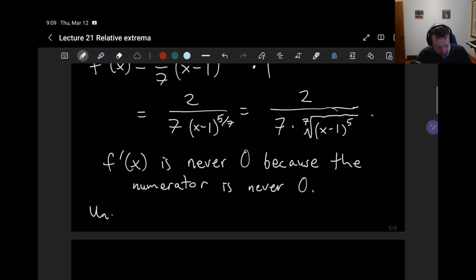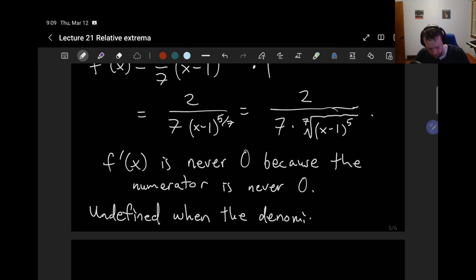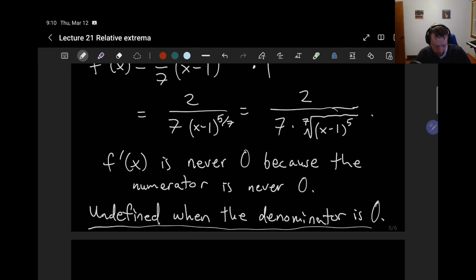This derivative is undefined when the denominator is 0. And because the seventh root itself is pretty well behaved in this regard, this is the only issue we can look for. So this is the only place that we're going to get a critical number.